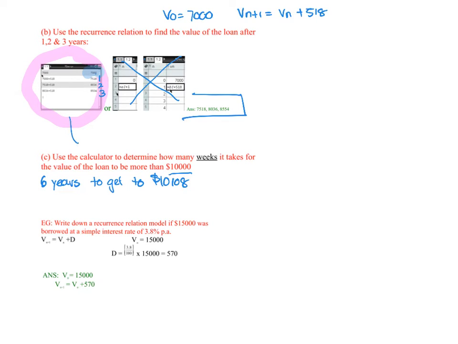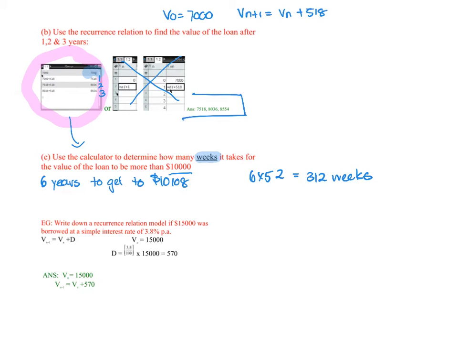So we did this using our calculator method. Now, we better be careful, we need to start really looking at questions. It did say weeks, so I might just go therefore 6 times 52, because there's 52 weeks in a year. That was probably an error in the question, but we'll just say 312 weeks.